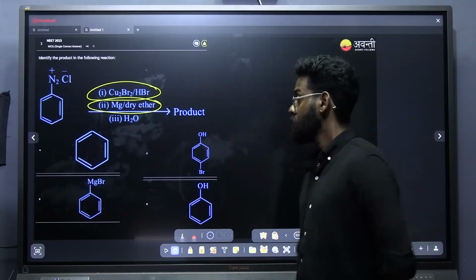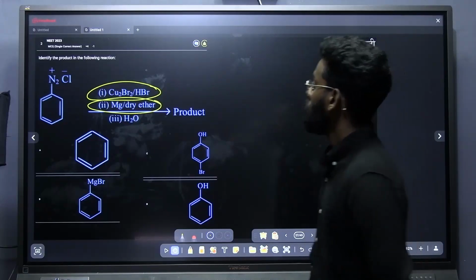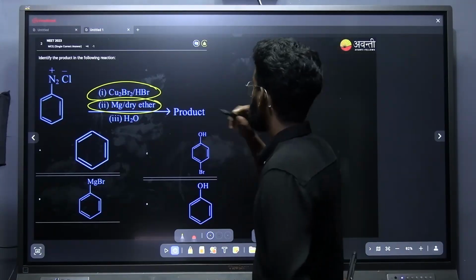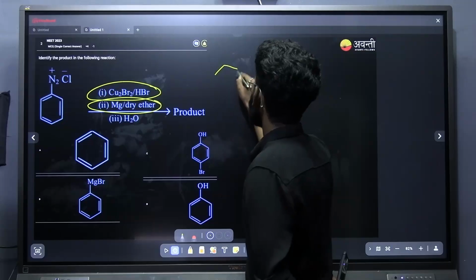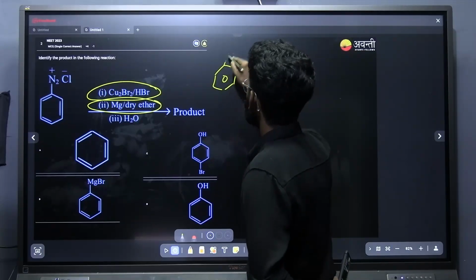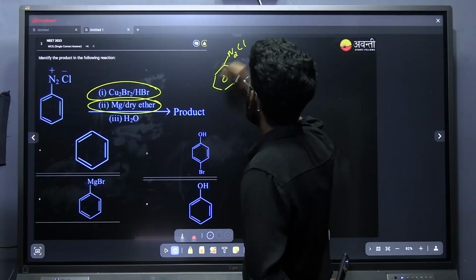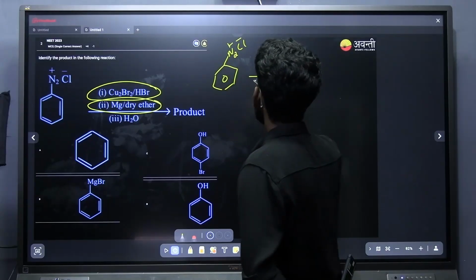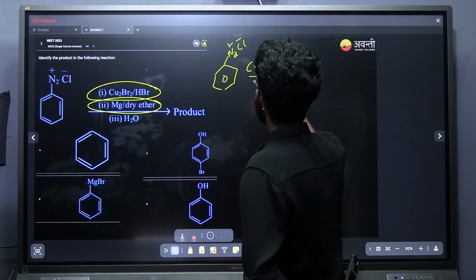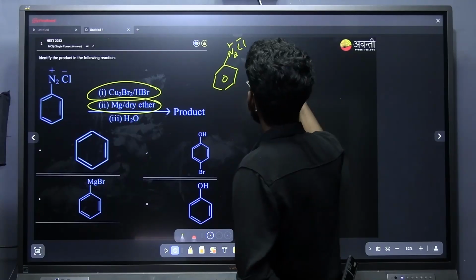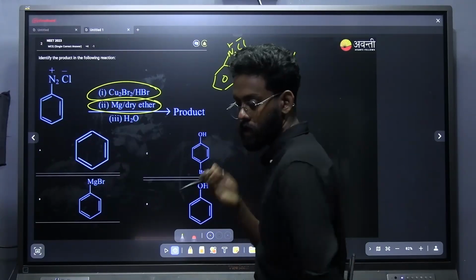Tell me, guys, what is the answer for this one? Cu2Br2 in presence of HBr, what is that reaction called? I hope all of you know it. Sandmeyer, very good.